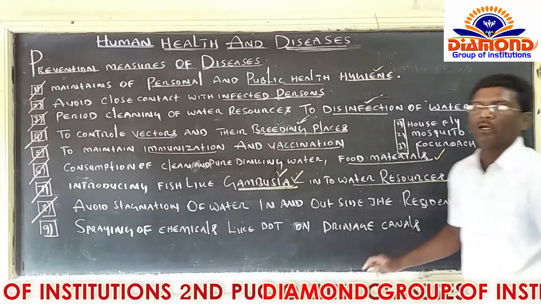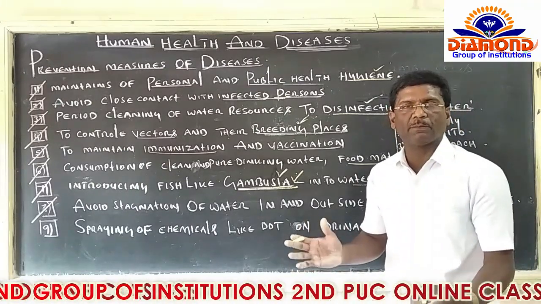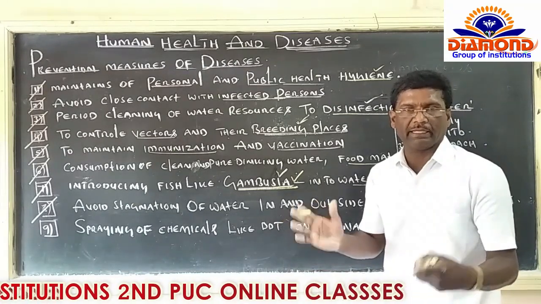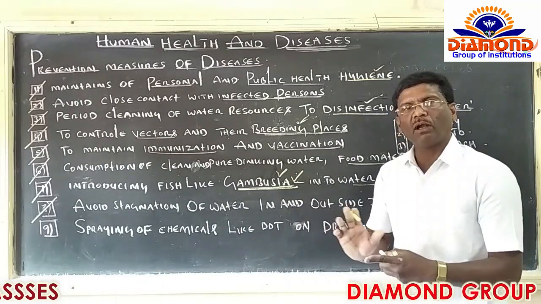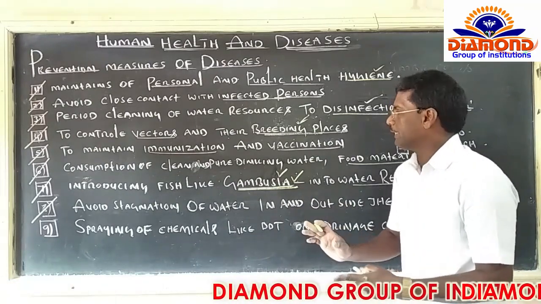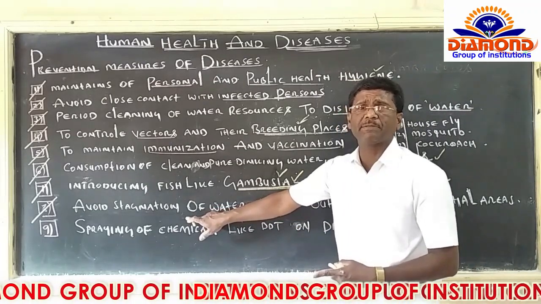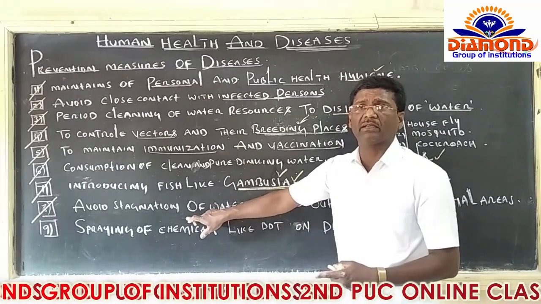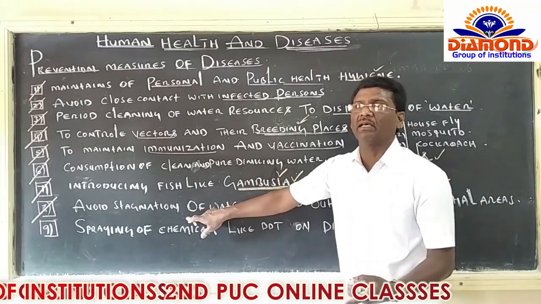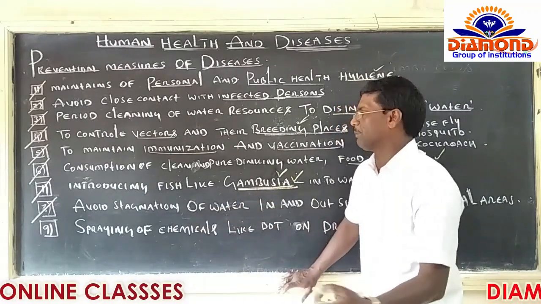That means don't let the used water stagnate in our areas. The water has to get a proper flow. If the water gets a proper flow, we can easily avoid diseases, especially vector-borne diseases from mosquitoes, houseflies, and cockroaches. They cannot stay back in that particular area.